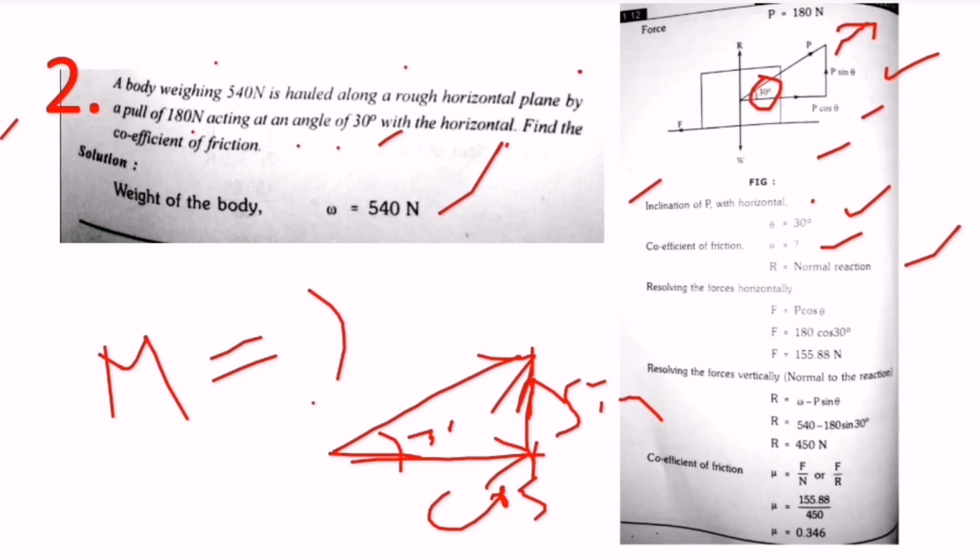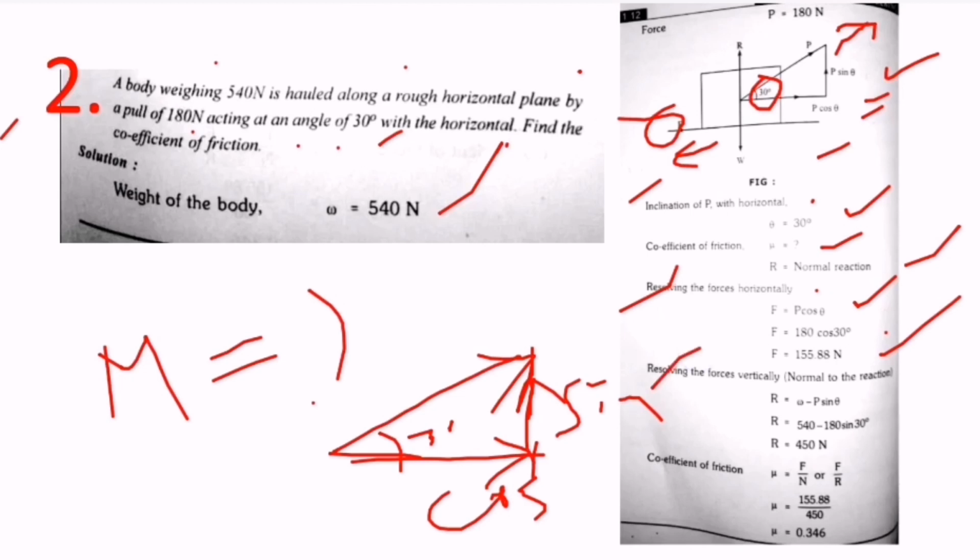R is the normal reaction. Resolving the forces horizontally, what are the horizontal forces? On this side F is there, and on this side P cos theta is there. So F equals P cos theta. We know P equals 180 and cos 30, so 180 into cos 30 gives F equals 155.88 Newton.